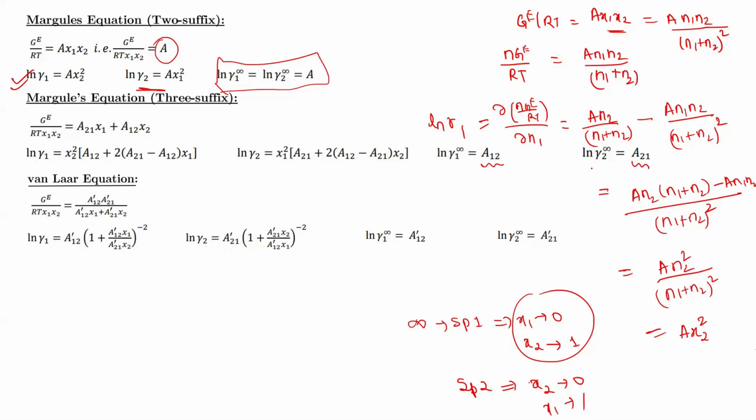That's why this kind of behavior is observed, when at infinite dilution both show different constant ln gamma. Okay, that is the difference between these two suffix and three suffix.